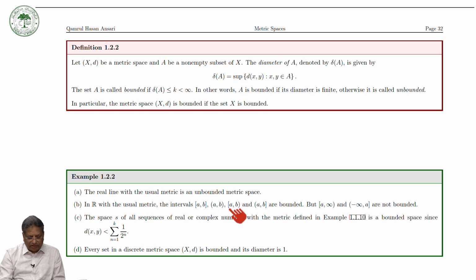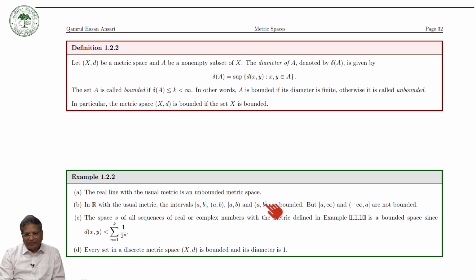And as we have seen, S is the set of all real or complex number sequences, and we have defined the metric on S by d(x, y) equal to the summation, n runs from 1 to infinity, of 1 over 2 raised to the power n, times mod of (xn minus yn) divided by 1 plus mod of (xn minus yn).